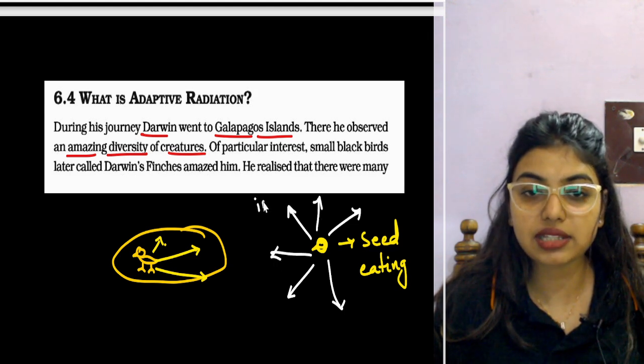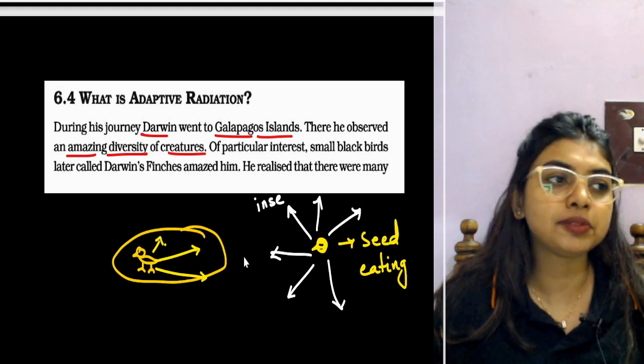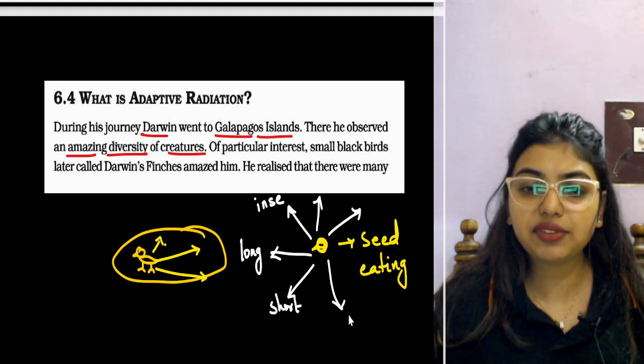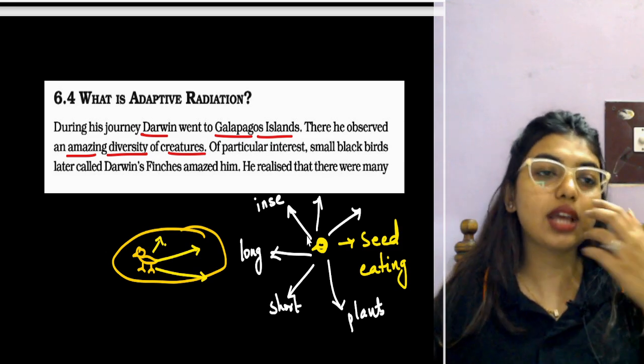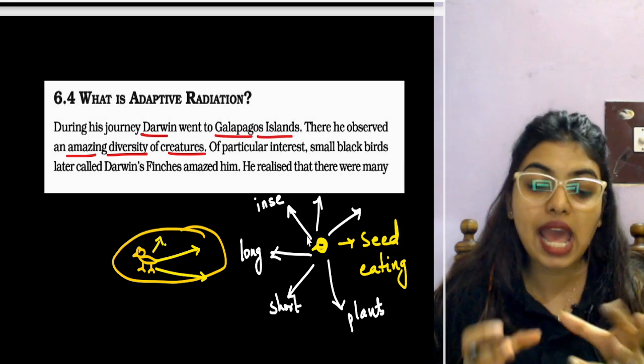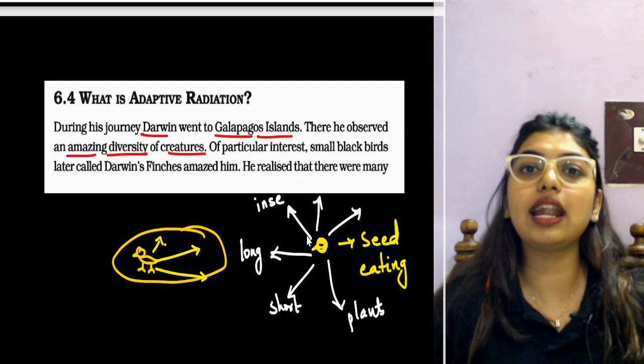Like one became insectivorous, one started feeding on insects, one had long beaks, one has short beaks, one started feeding on some plants or seeds. And it was shocking to him that they were all present in the same island, and they moved to different areas, and that did adaptive radiation.